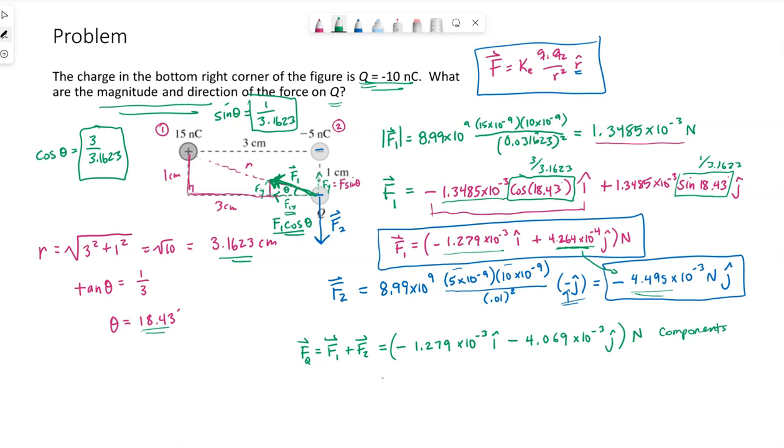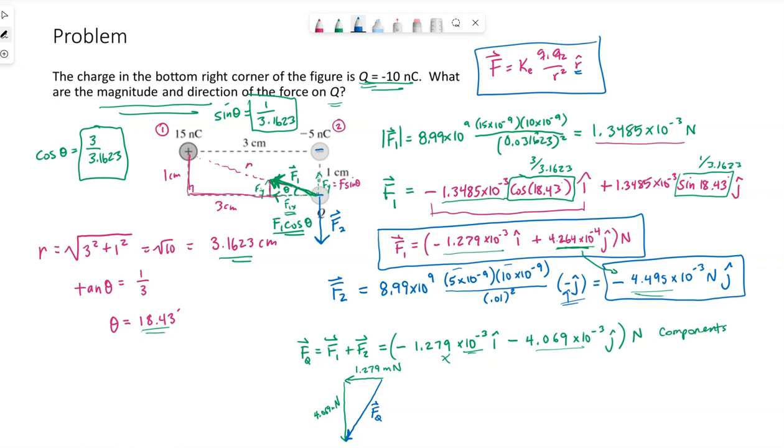So if I draw this x component, this is our x component. It points to the left by 1.279. I'm going to just say millinewtons, since that's 10 to the negative 3. The y component points down by 4.069 millinewtons. So our overall force vector starts where I drew that x component and ends where I ended the y component.